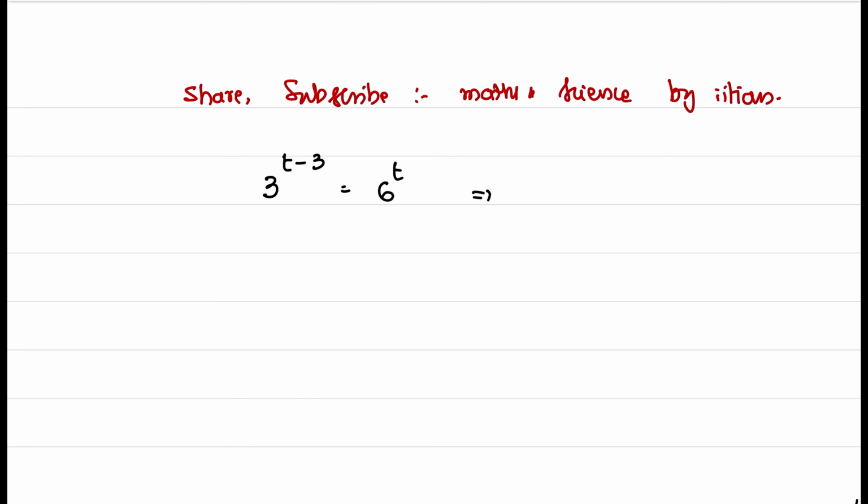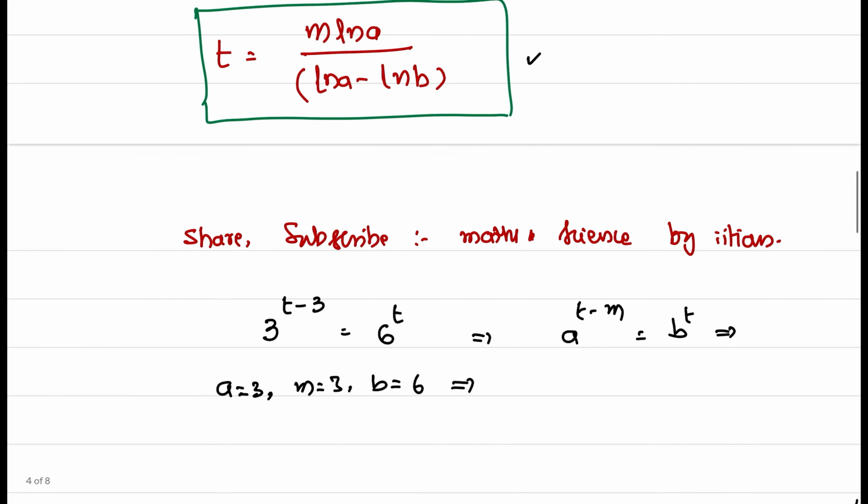Then what is the value of t here? It is in the form of a to the power of t minus m is equal to b to the power of t. A is equal to 3, m is equal to 3, b is equal to 6. Then what is the answer?